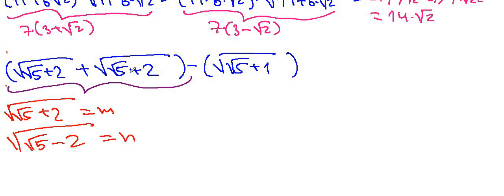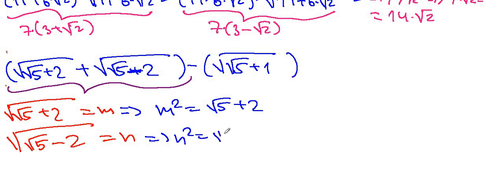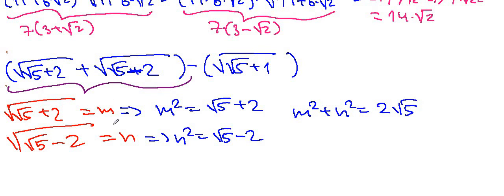If you square both sides, you will get m squared equal to square root of 5 plus 2, and n squared equal to square root of 5 minus 2, and if you add them, m squared plus n squared, the 2 and minus 2 will be cancelled, therefore 2 times square root of 5. And notice that if you multiply m by n, then you will get the square root of 5 minus 4, this one is equal to 1.